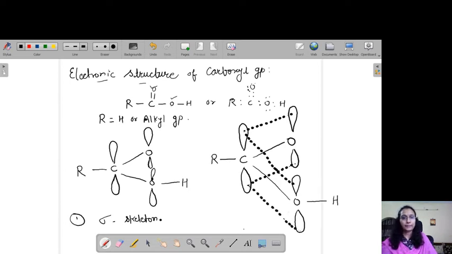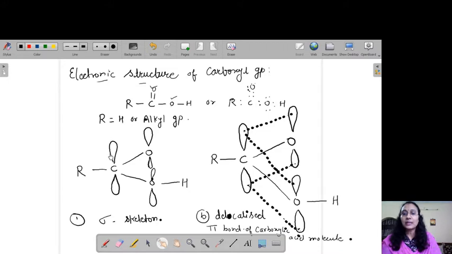This diagram we will call diagram B. This is explaining the delocalized pi bond of the carboxylic acid molecule. This is important. Now we will explain both the structures.